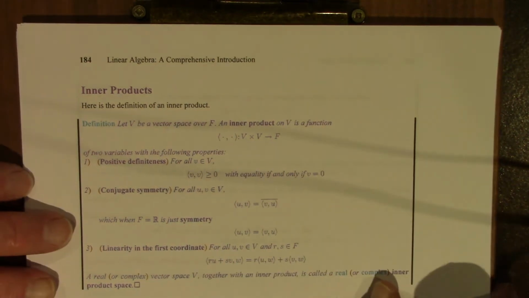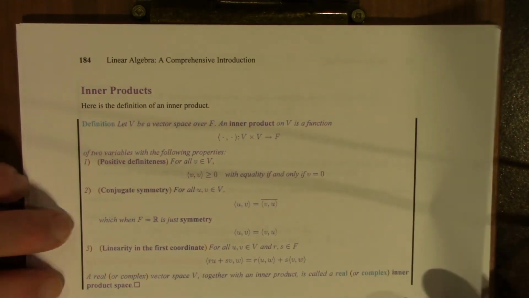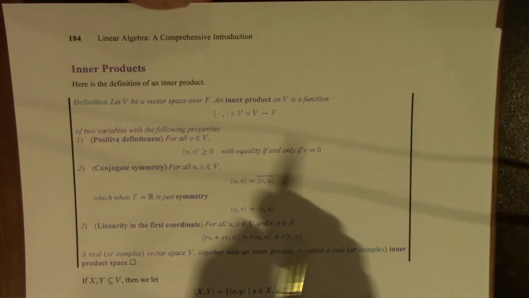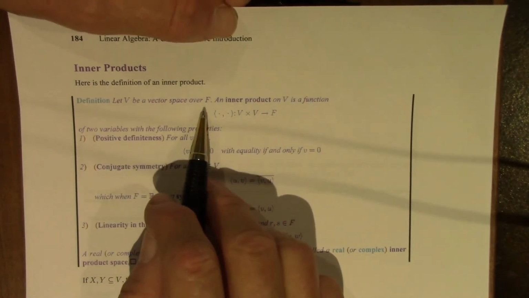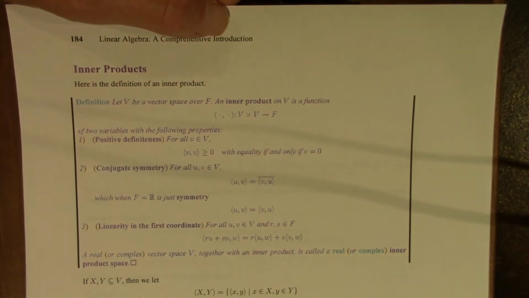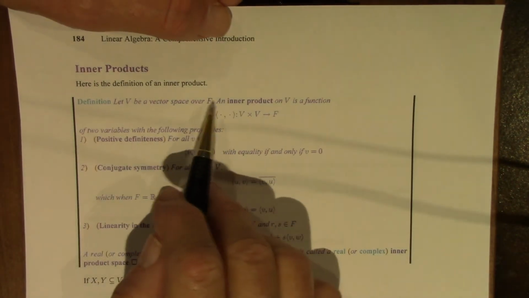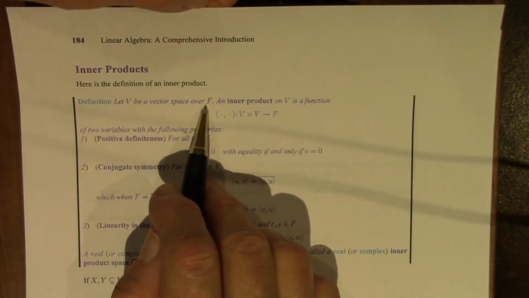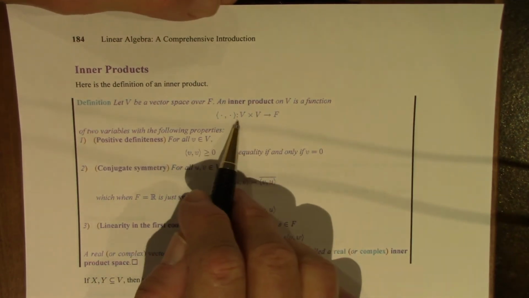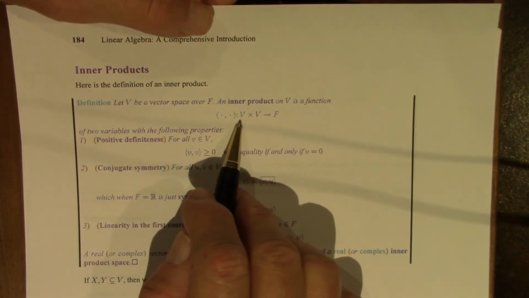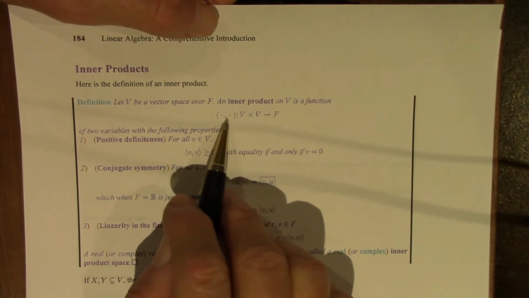So that's the background information that we need, and we're ready to define the inner product. Let V be a vector space over F. Once more, F is either R or C. An inner product on V is a function of two variables.